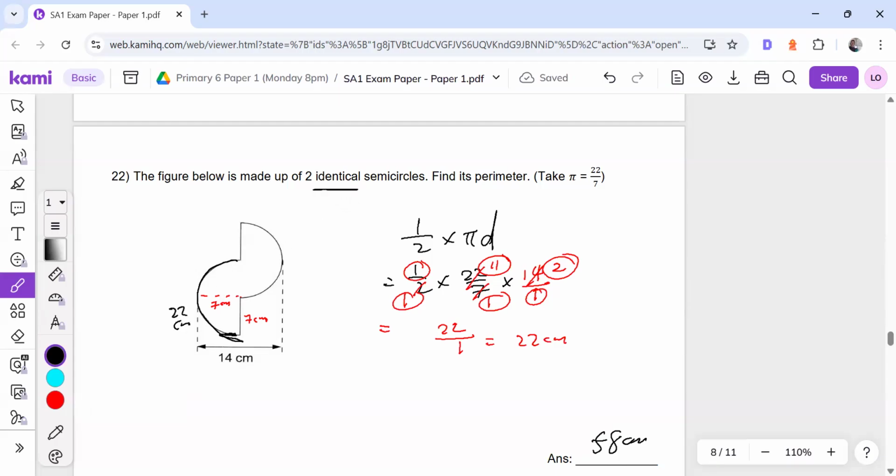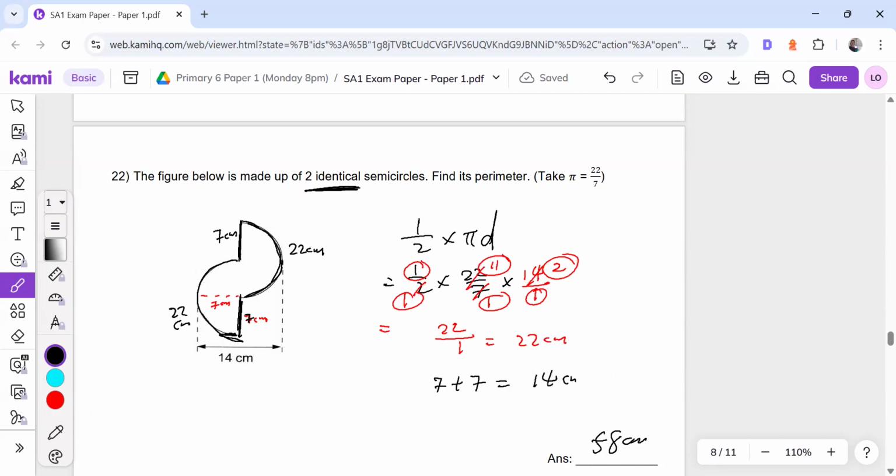And because it's identical, lucky day, lucky question, this circumference of the semicircle is also the same. And if this is 7, then this side is also 7. There's no assuming because they are identical. Identical means they have the same radius also. So you need to add the straight lines. 7 plus 7 is 14.